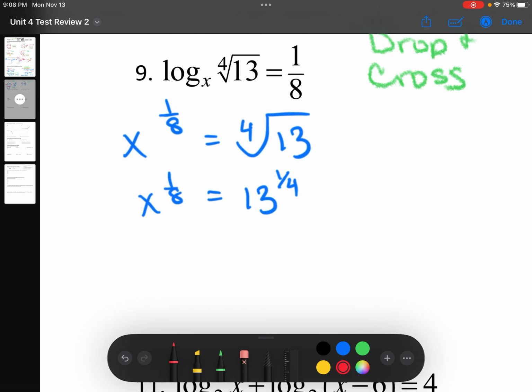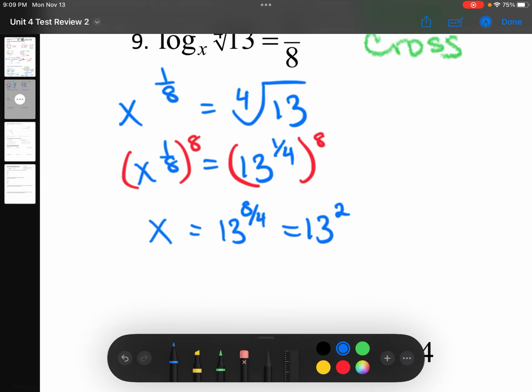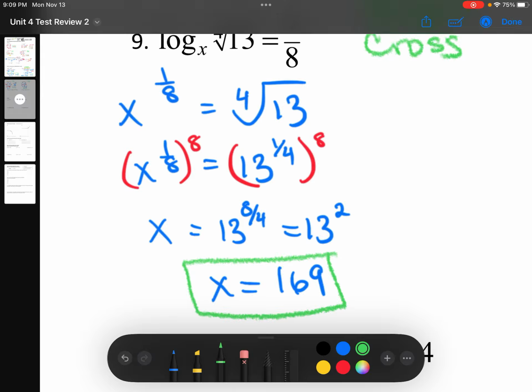And then to undo a 1/8 power, we want to raise to the 8th power, which means we're multiplying a power to a power. So that ends up x on the left equal to 13 to the 8 over 4, which is 13 to the second power. So x is 13 squared, or 169.